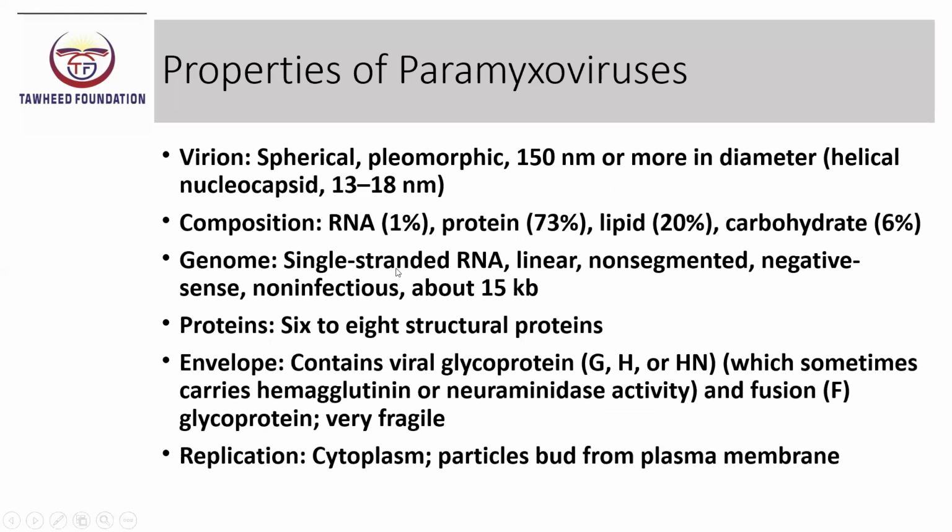Its genome is single-stranded RNA, linear, non-segmented, negative sense, non-infectious, approximately 15 kilobases. 6 to 8 structural proteins are present. The envelope contains viral glycoproteins, that is G protein, H protein or HN protein, which sometimes carries hemagglutinin or neuraminidase activity, and fusion F glycoprotein, and it is very fragile. Replication occurs in the cytoplasm, and particles bud from the plasma membrane.